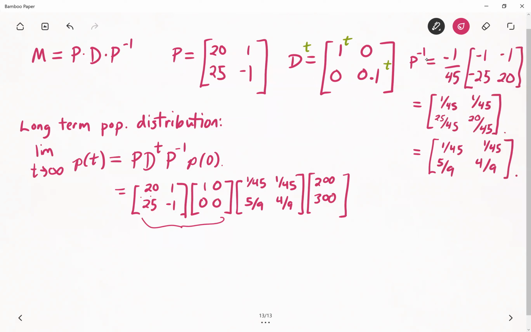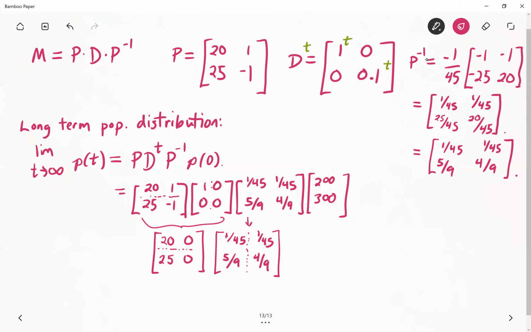Right, multiplying together these first two matrices, you'll have all the ones and zeros there. So I'll have 20, 0, 25, and 0. Next, I'll bring down this matrix of 1 over 45, 1 over 45, 5 over 9, and 4 over 9. And let's multiply this out.